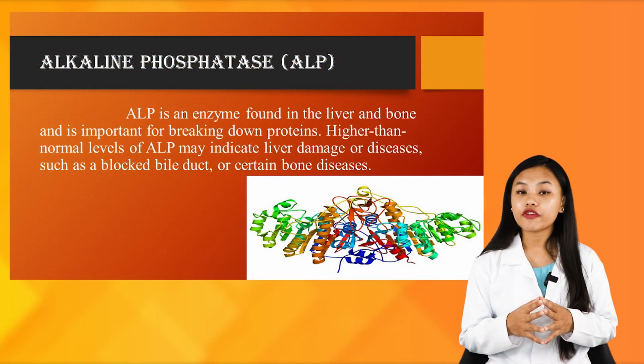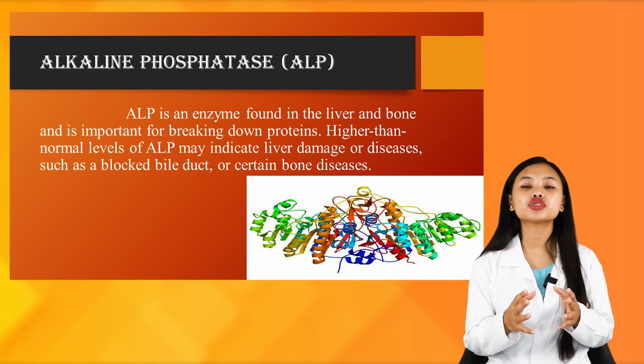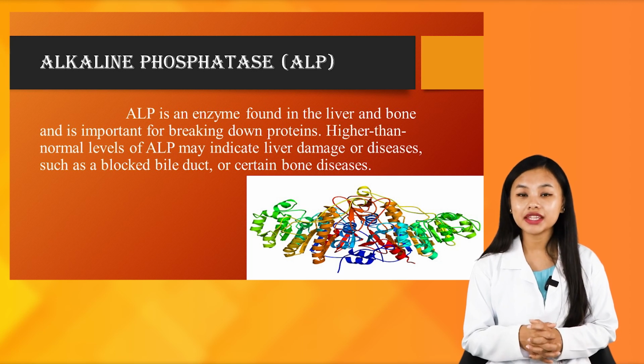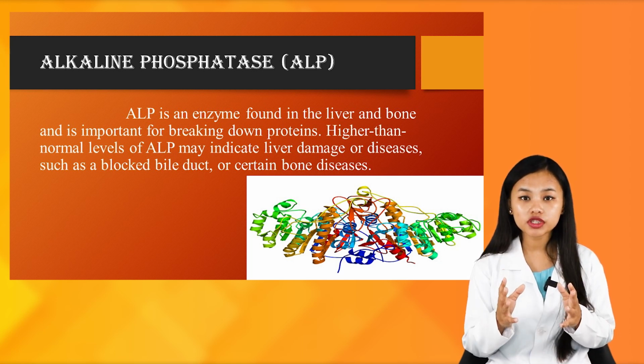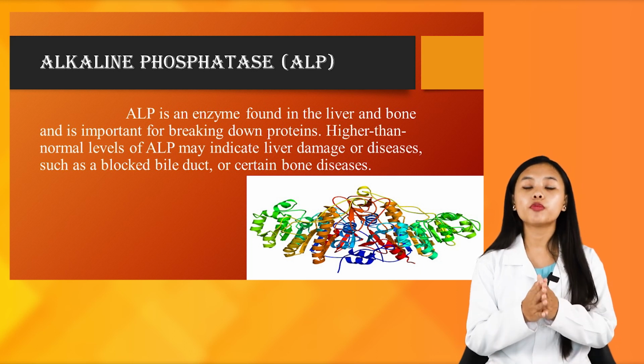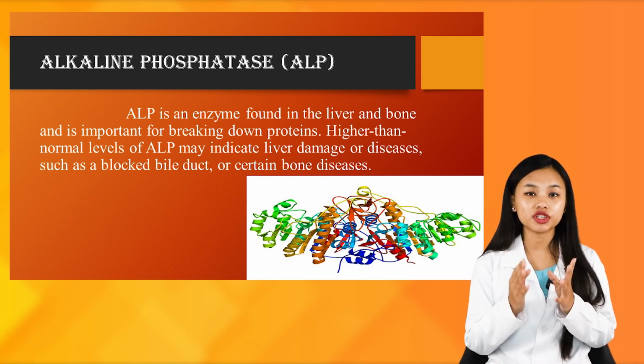The alkaline phosphatase is also an enzyme which is found in the liver and the bones. And this enzyme is very important for breaking down of proteins.